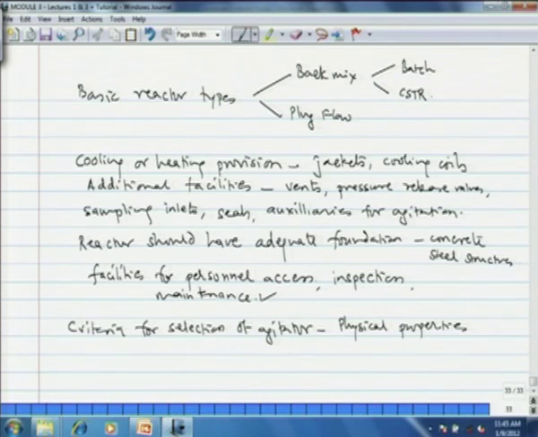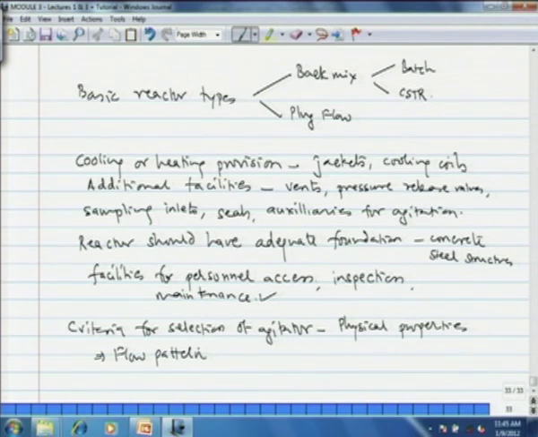For example, in many catalytic reactions, the catalyst particle tries to break down, because if the support is not sufficiently strong, the catalyst may get fragmented due to collision on the reactor wall in case of intense agitation, and therefore we have to select the agitator accordingly. So the criteria for selection are the physical properties of reactants plus the flow pattern that is needed in the reactor.